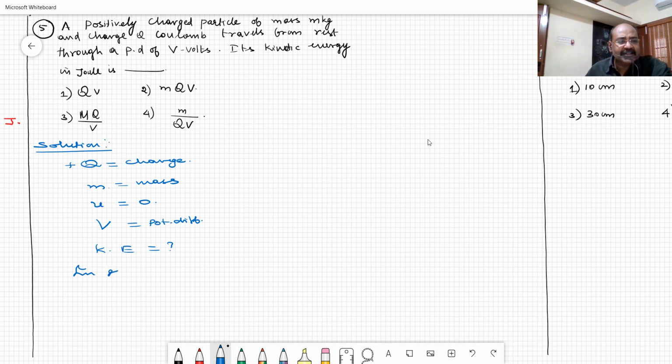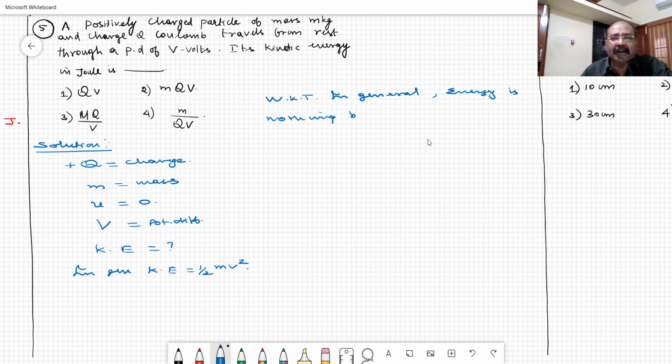We know that in general, kinetic energy is given by the formula half into m into v square. But in the given problem, we are not having the result in terms of this v or some other thing. So what I am calculating is, we know that in general, whether it is potential energy or kinetic energy, the energy is nothing but work done.